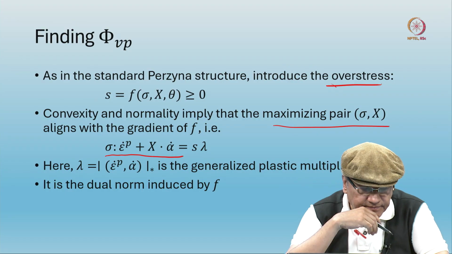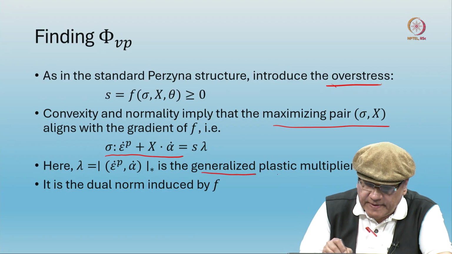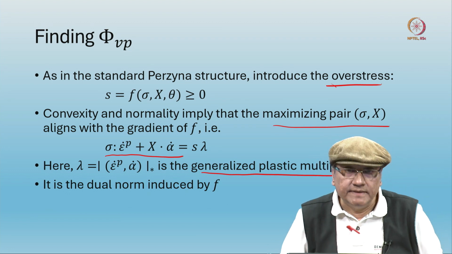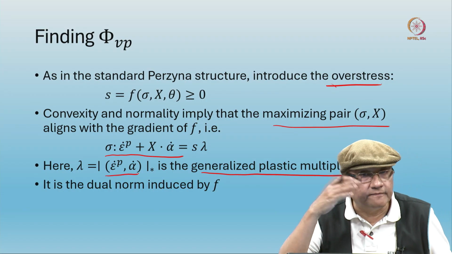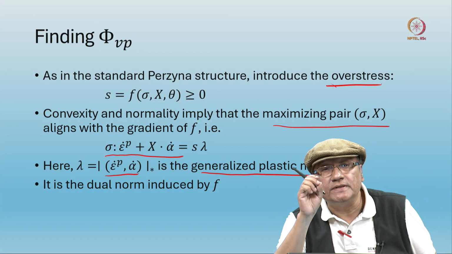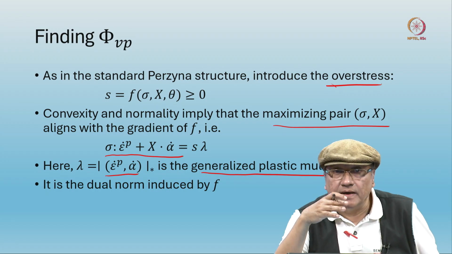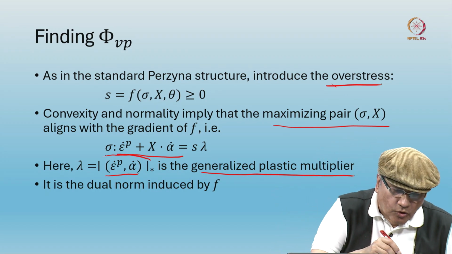So, basically this lambda is in this particular case called the generalized plastic multiplier. It is the dual norm, it is basically the norm of this combined thing epsilon p dot and alpha dot. But since epsilon p dot and alpha dot are thermodynamically conjugate to sigma and x, therefore, we use this dual norm here, right.